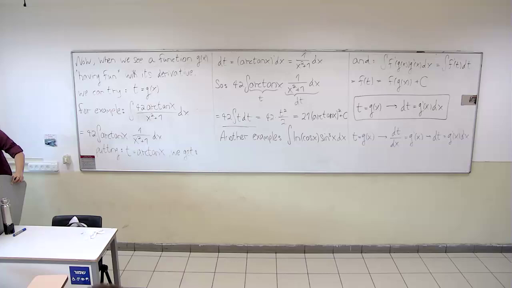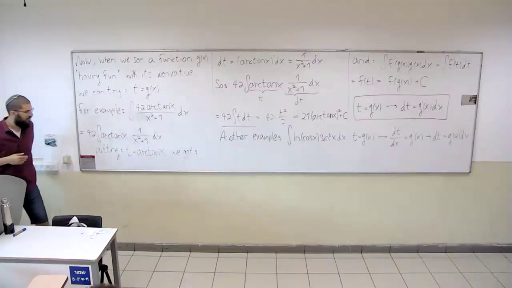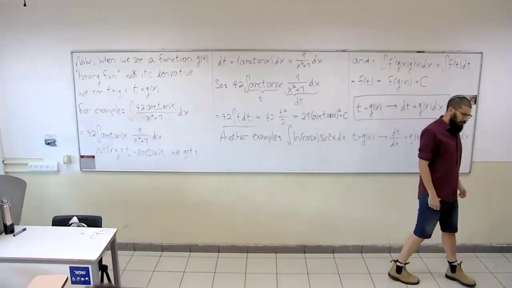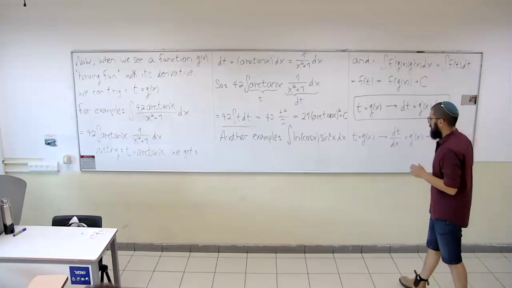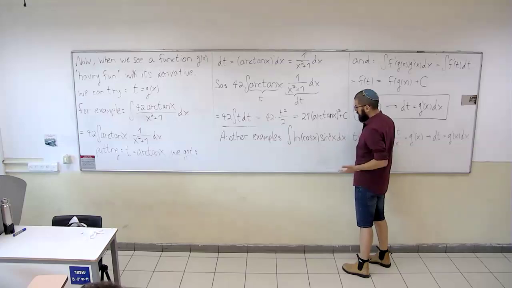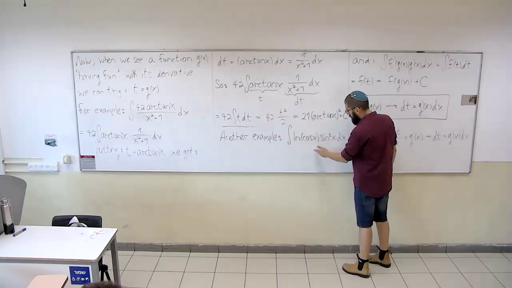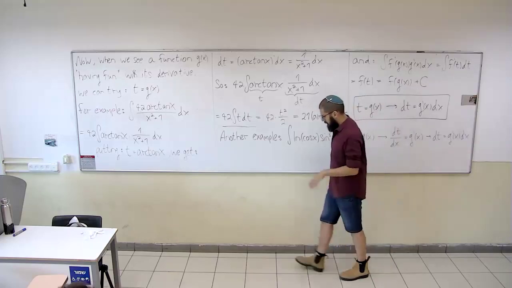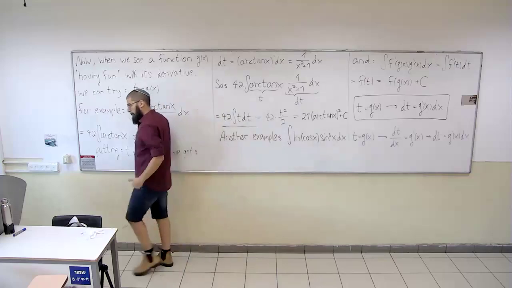Do we just substitute t is cosine x and then we pay the price with the sine, or vice versa? The question is not so hard because the derivative should be here alongside dx. So we probably want to substitute t is cosine x, and then we have dt is sine x dx. The minus, we'll deal with it later.